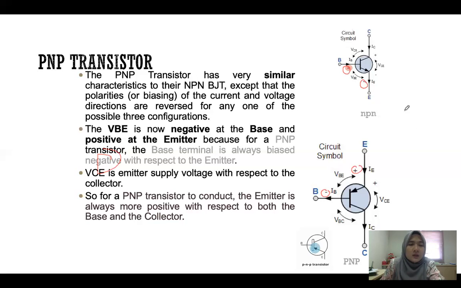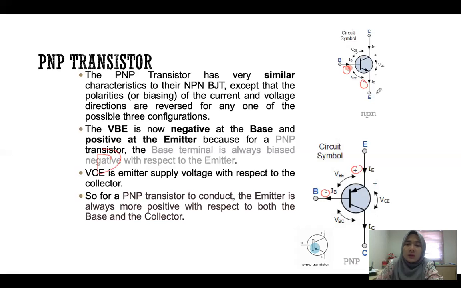So the VCE is the emitter supply voltage with respect to the collector. For the PNP transistor to conduct, the emitter is always more positive with respect to both the base and the collector. The arrow here actually shows you the direction of the current. For the previous NPN, the arrow is like this, so the current flows out through the emitter.